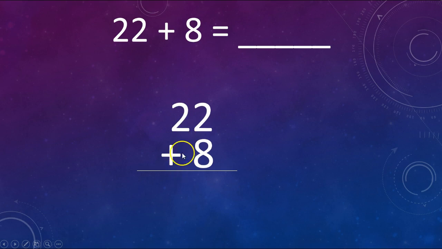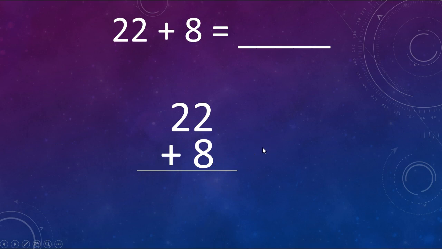You also need to make sure that there is a plus sign and it goes on this side, and then you draw a line underneath and this is your equal sign. So when you're setting it up vertically, this is how it should look. Make sure that your ones are lined up, your tens are lined up, your hundreds, if you had hundreds, they're lined up. Your plus or minus sign is going to be over on this side, and you draw your equals.